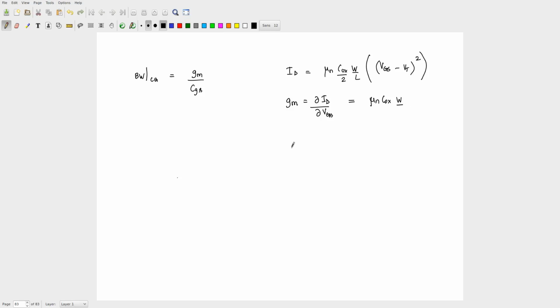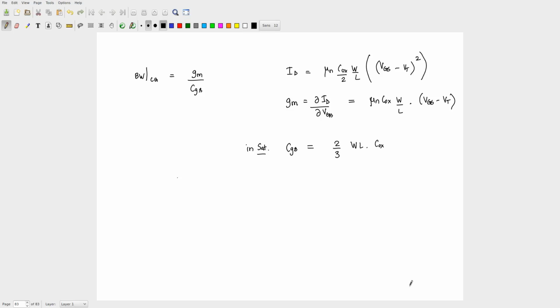Okay. What is your CGS? In saturation, what was CGS? Long ago we worked it out. Remember. Okay. Did we say this? We said it was 2/3 WL into Cox.